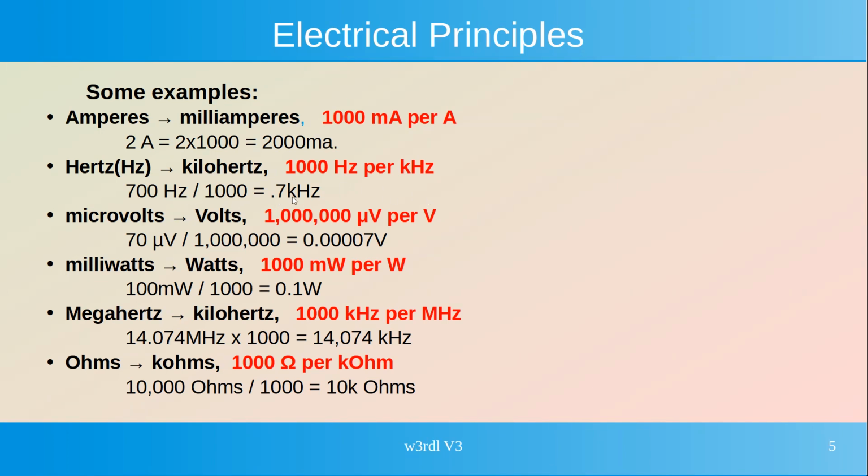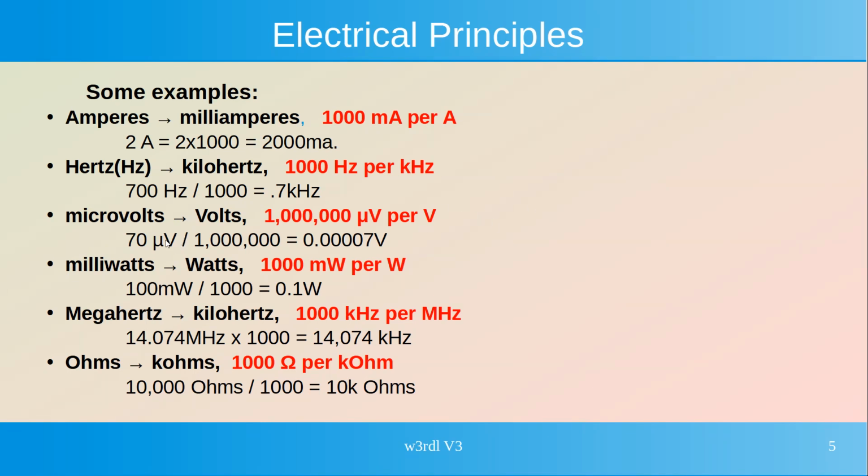That's the main thing you need to keep straight: whether you're going from a small to a larger or larger to a smaller quantity. It depends on whether you multiply or divide, or shift the decimal point left or right. In microvolts to volts, we know that there's 1,000,000 microvolts in a volt.